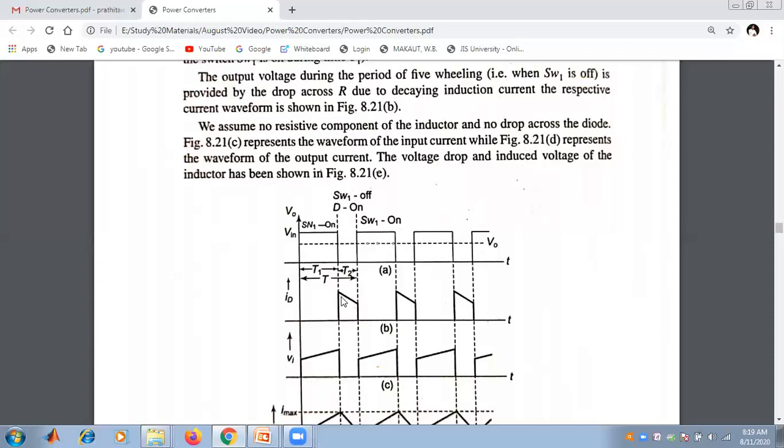This is the freewheeling effect of the diode. Again the switch is on, the current through the diode is 0, and when the switch is off again, the current through the diode decays.